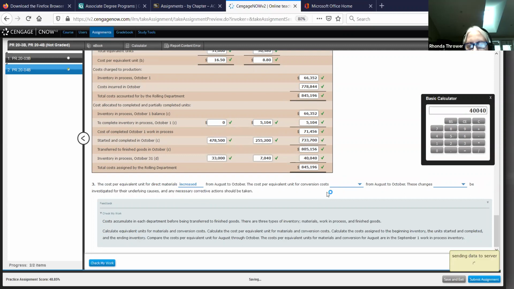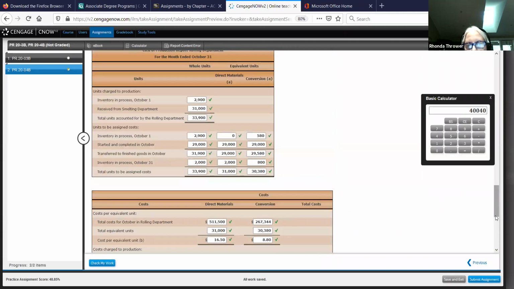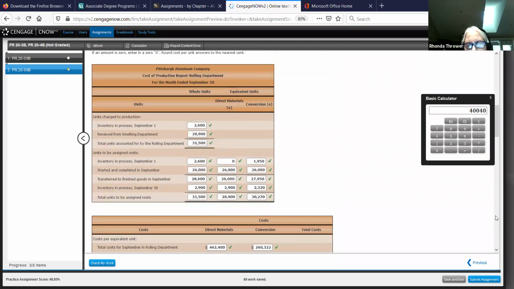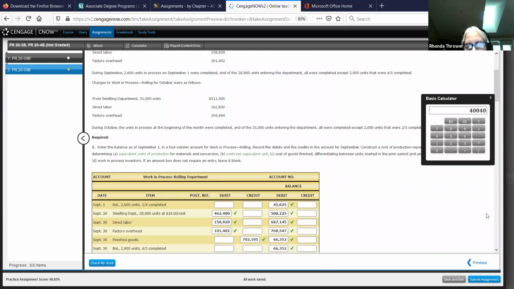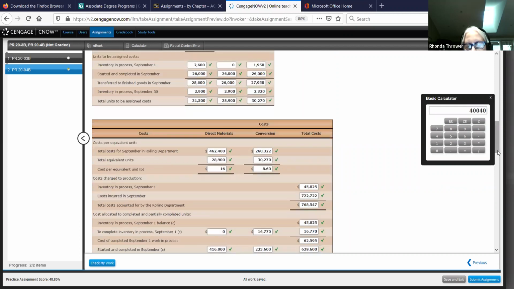And the cost per equivalent unit for conversion for the month of September was $8.60.